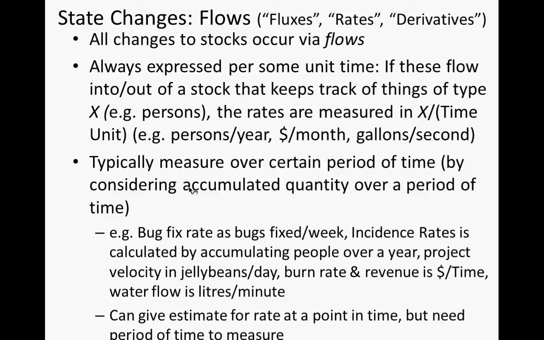Or if we had an agile team for software development, we might measure the so-called velocity of this team, how quickly it's getting its work done, in jelly beans per day, where a jelly bean is an estimated amount of work. It's some unit of functionality commonly used in agile processes. So we can give an estimate for the rate at a point of time, but typically we need some period of time over which to measure it.